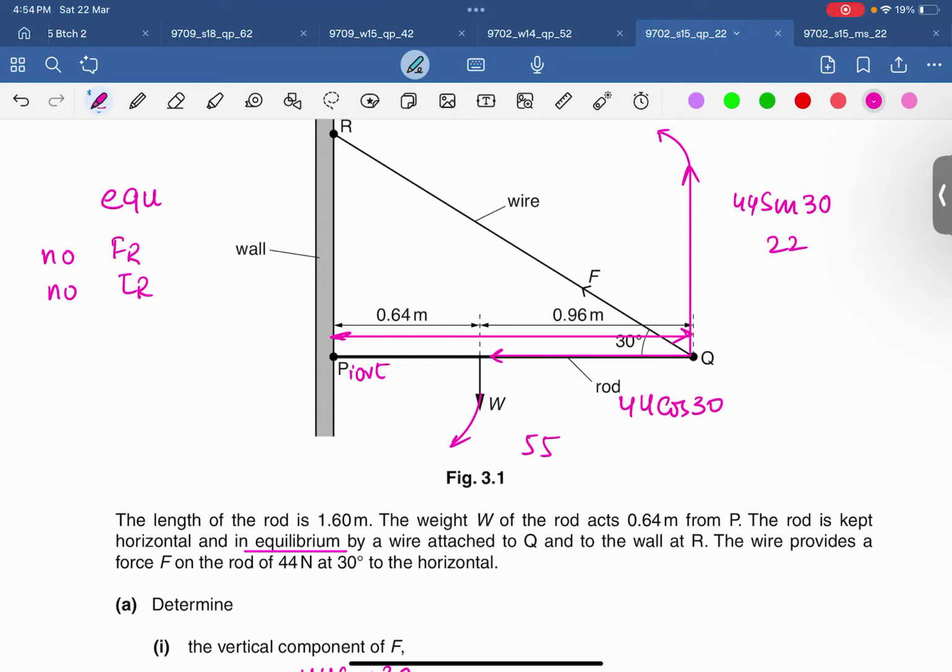And also the resultant force in the horizontal direction is also not zero because you have 44 cos 30 acting horizontally, okay? So to balance these two forces out, the pivot or the wall should exert some amount of force, right, to cancel out, to make the resultant force zero. Okay, is that clear? क्या ये बात समझ में आती है?